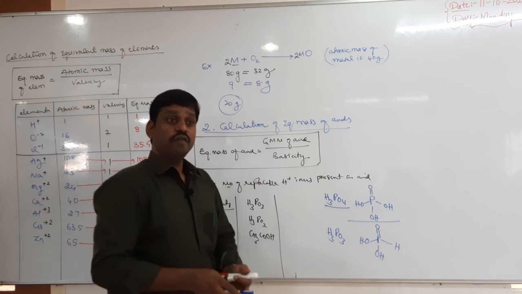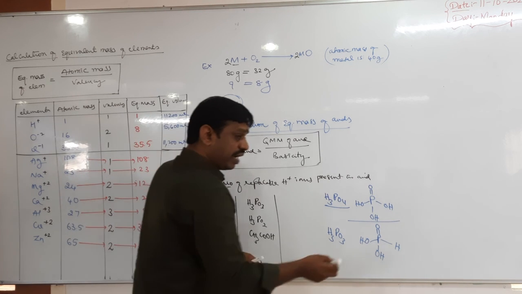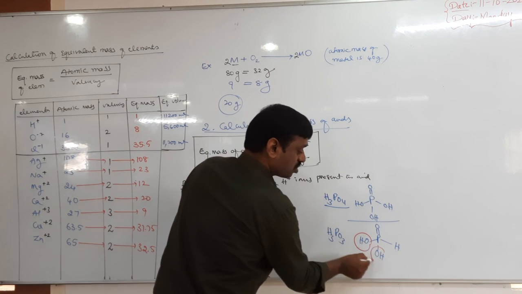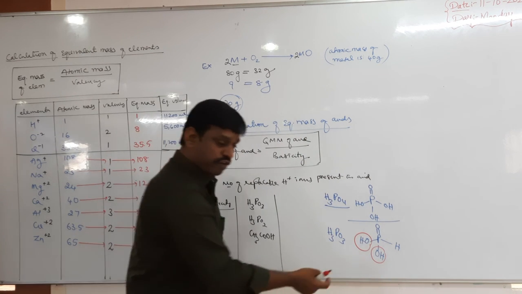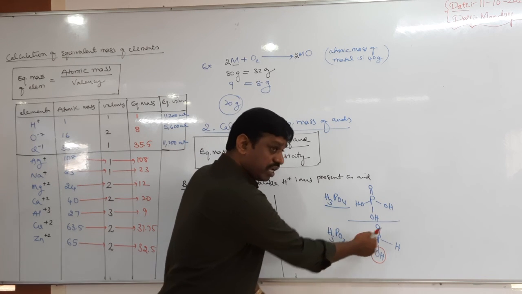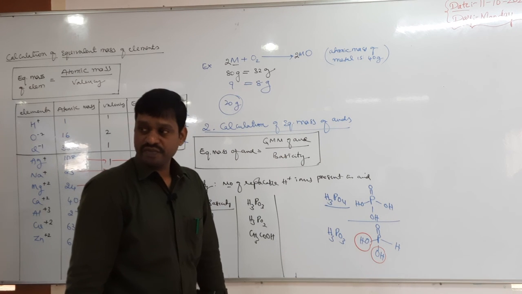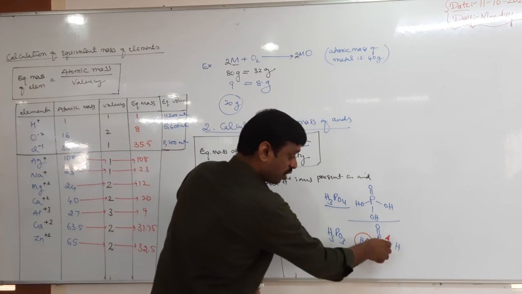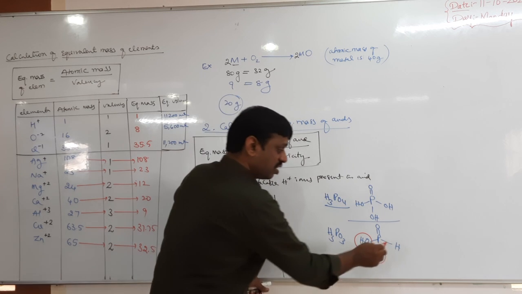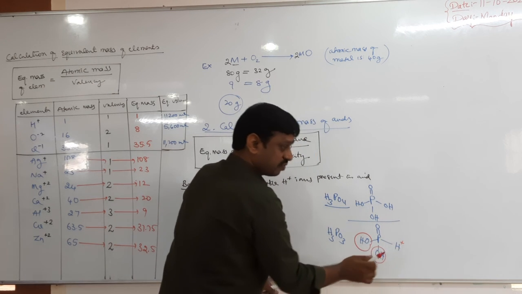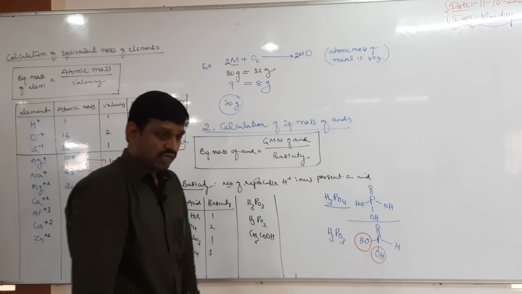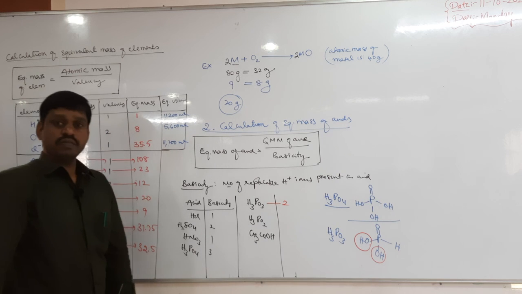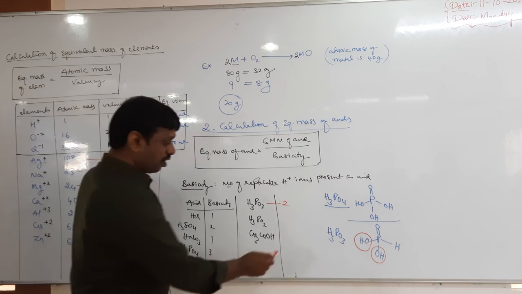No. The replaceable hydrogen should be attached to oxygen because of the difference in electronegativity between oxygen and hydrogen. The electronegativity difference between phosphorus and hydrogen is less, so this cannot come out as H plus. That means it is not replaceable. Here 2 are replaceable. Therefore, basicity is 2.